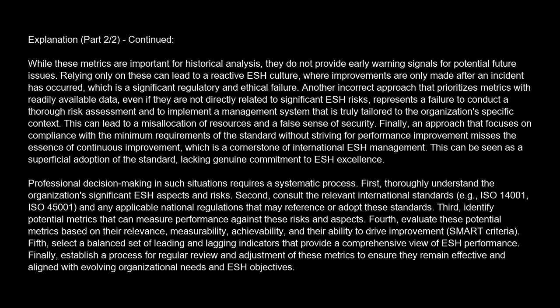Fourth, evaluate these potential metrics based on their relevance, measurability, achievability, and their ability to drive improvement, SMART criteria. Fifth, select a balanced set of leading and lagging indicators that provide a comprehensive view of ESH performance. Finally, establish a process for regular review and adjustment of these metrics to ensure they remain effective and aligned with evolving organizational needs and ESH objectives.